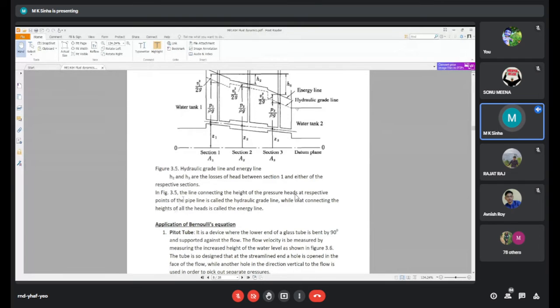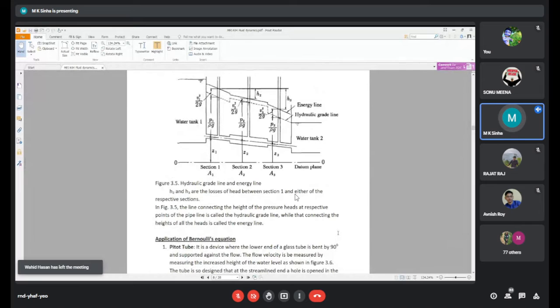So here, the line connecting the heights of the pressure head at the respective points of the pipeline is called the hydraulic grade line.